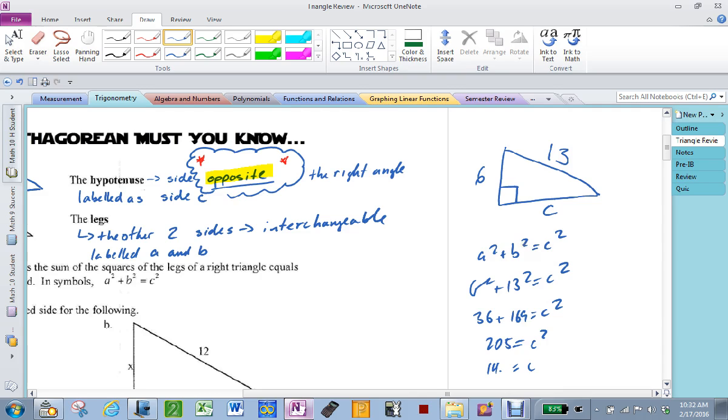Understand? I want to find every elementary and middle school teacher that teaches a squared, b squared, c squared, and I want to sit down with them and beg them to stop. I want them to teach it the way it should be, which is the square of the hypotenuse of a right-angle triangle is equal to the sum of the squares of the other two sides.